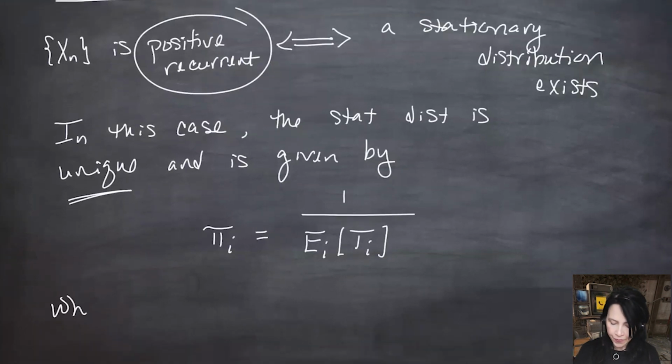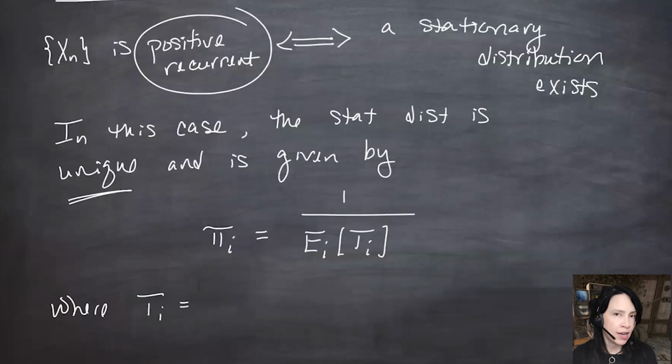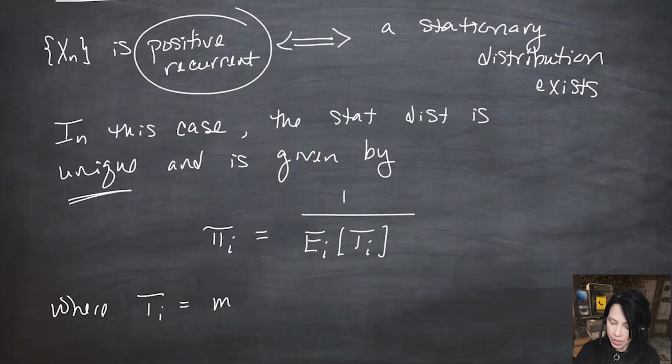Here, this T_i is the first return time, not the first hitting time. When we talk about hitting time, we do allow for hitting at time 0. But when we talk about a return time, we have to take at least one step. So this is the minimum over all n greater than or equal to 1 such that X_n equals i.